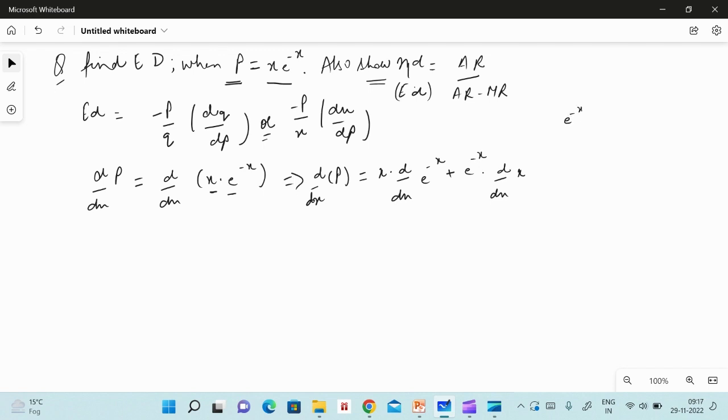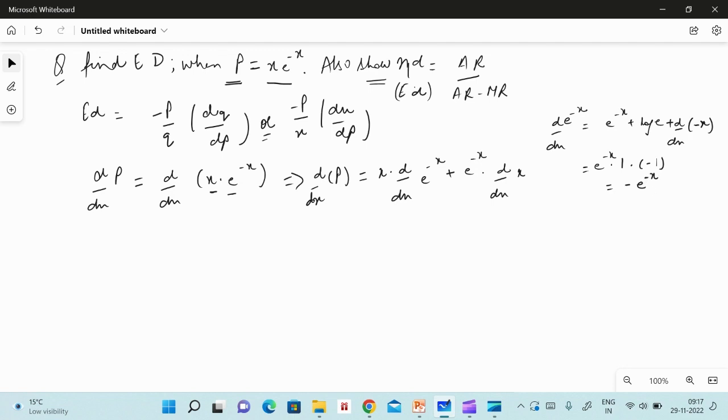Now, when we have to take the derivative of e power minus x, it gives me e power minus x into log e into the derivative of the power, that is minus x. We know that log e is equal to 1 and the derivative of minus x is equal to minus 1.